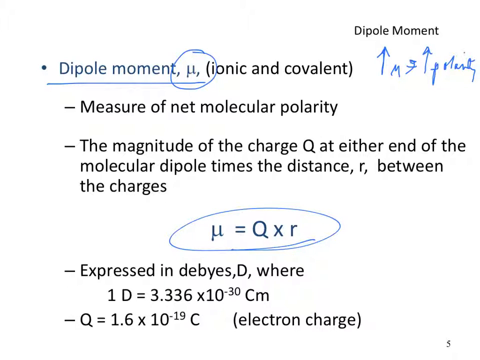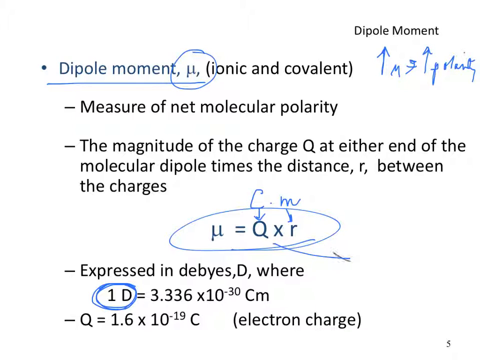Mathematically, it is determined by the product of the charge and the distance of separation of the charges. So you can perhaps envision that the SI unit would be coulomb for charge, meter for the distance of separation. So coulomb meters is what the units are going to be, which is also referred to as Debye. The conversion factor is 1 Debye equals 3.336 times 10 to the power of negative 30 coulomb meters.